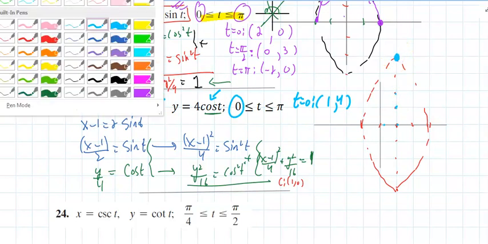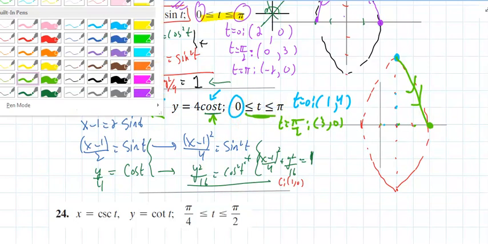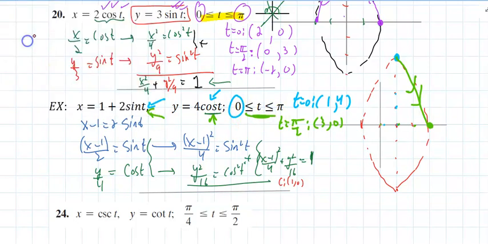If I move on to t equal pi over 2, I notice sine of pi over 2 is 1, that's a 3, and cosine is 0. 1, 2, 3, 0. So I notice I'm running in this, even though this says 0 to pi, don't mix that up. And that's going to come up in your homework.